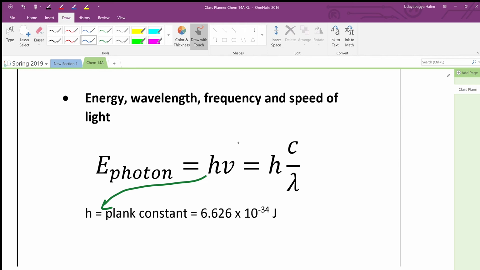And v again is the frequency. And because we have the previous relationship that the frequency is equal to c over lambda, we can substitute it, and the next equation is that the energy of a photon is equal to h, the Planck's constant, times c, the speed of light, divided by its wavelength.